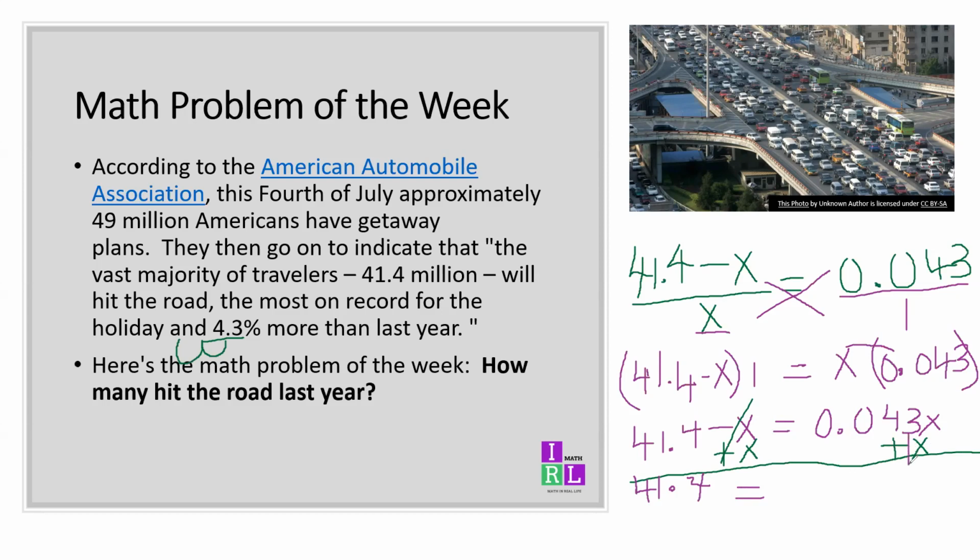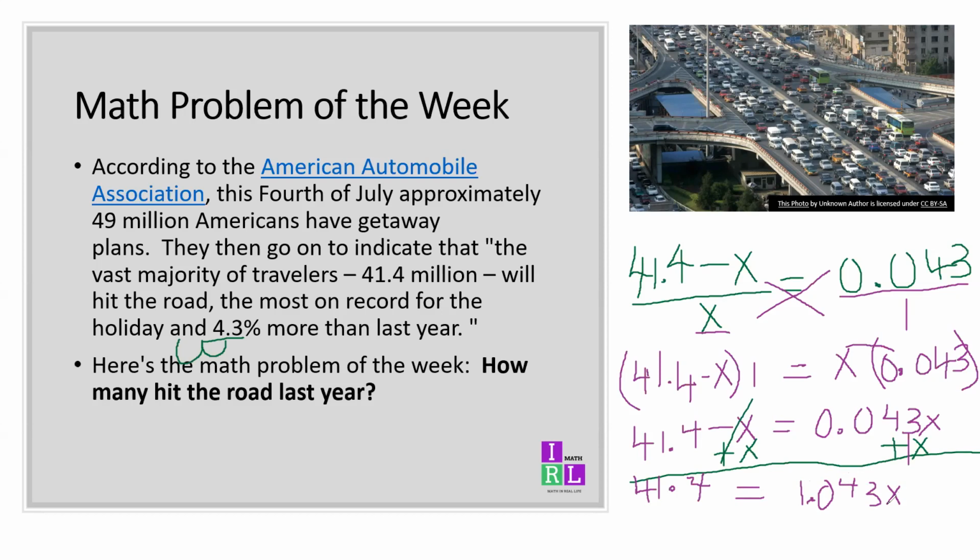The coefficient on that x is a 1. Okay, so what that's going to end up being is 1.043x. All right. I still haven't solved for x yet, but I've gotten all the x's to one side at least.